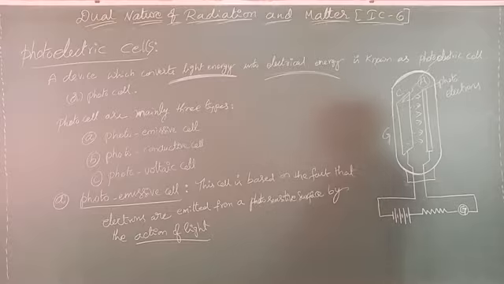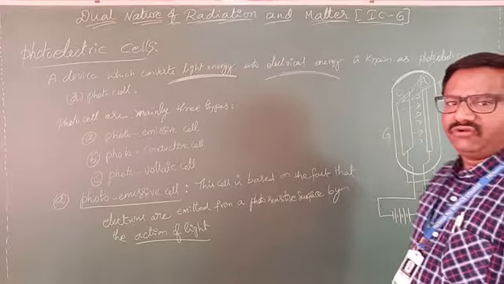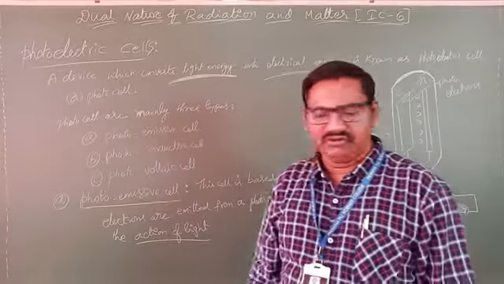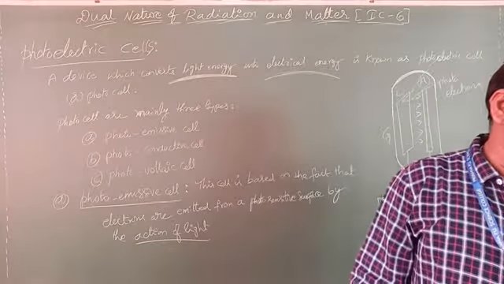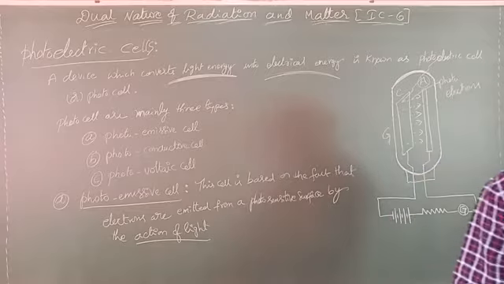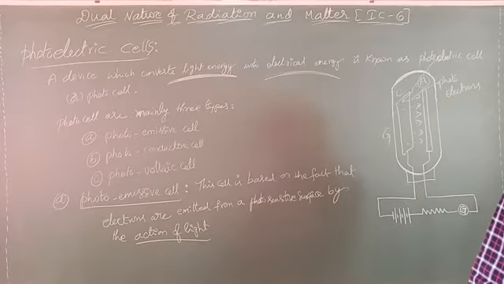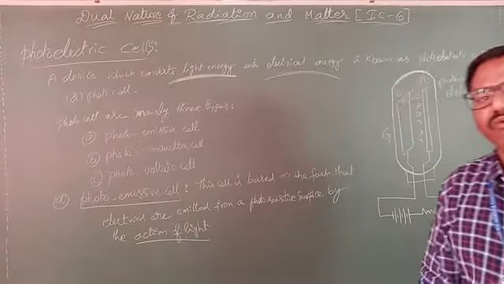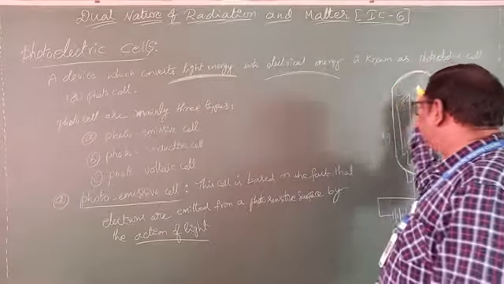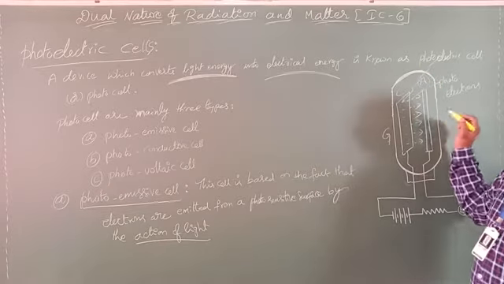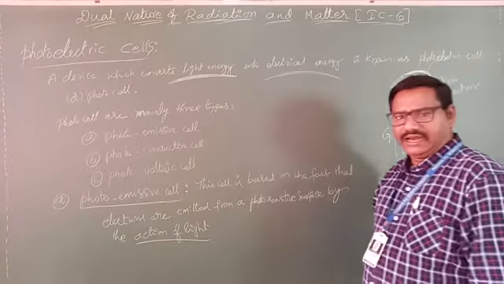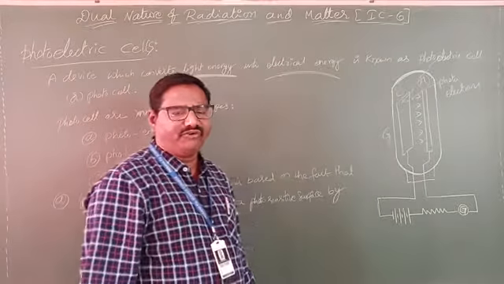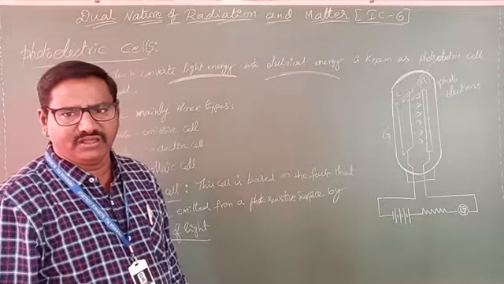These photoemissive cells are of two types. One is the gas emissive cell and the other is the vacuum type emissive cell. What we explained up to now, with the glass tube as a vacuum, is the vacuum type photocell.